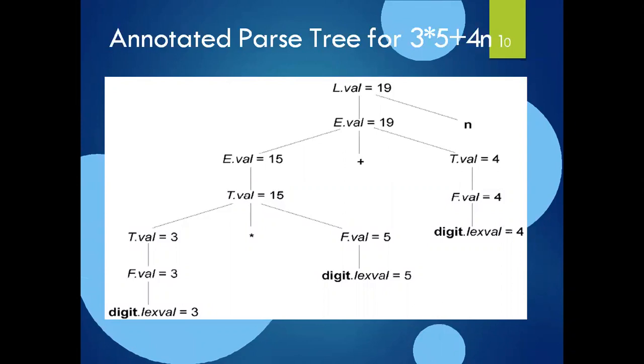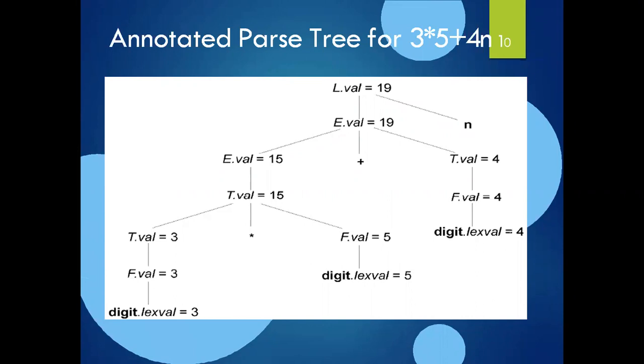That means after performing the overall computations from leaves to root, the value obtained is 19. That means the value 19 is obtained at the root node L dot val, and it is the final output. After getting the root node, there are no more steps to be processed here. We need to terminate.